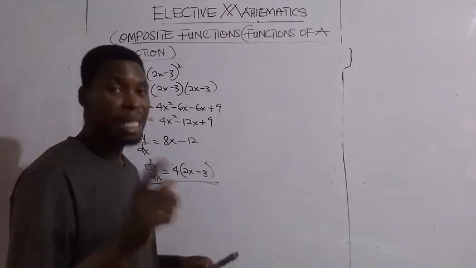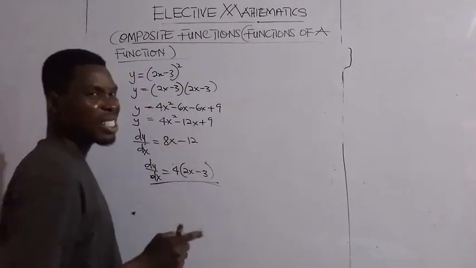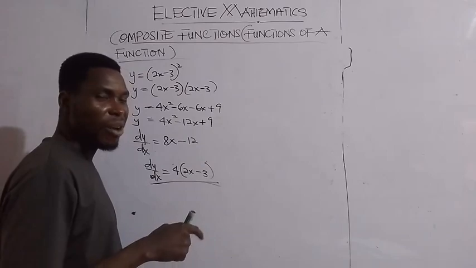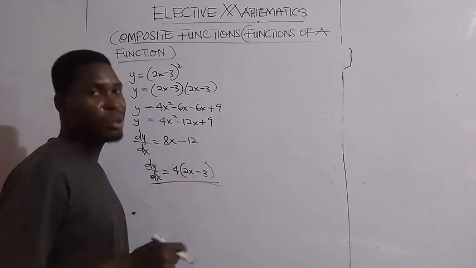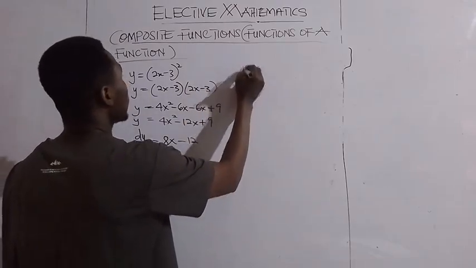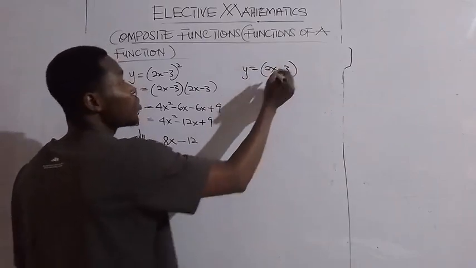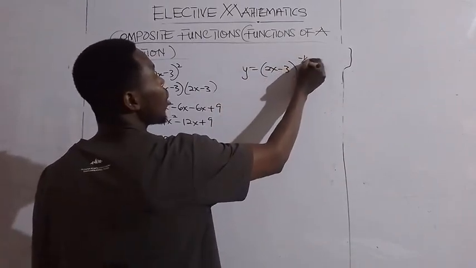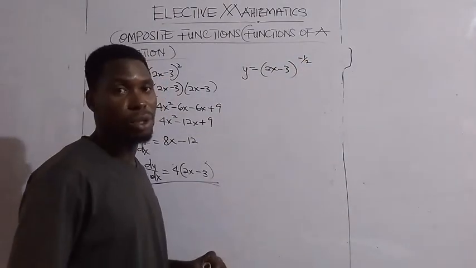Come to think of it, when we have an exponent which is negative, or an exponent which is a fraction, what are you going to do? So, for instance, if we have a function this way, y is equal to maybe (2x minus 3) to the exponent negative 1 over 2, which is a half. What are you going to do with this?